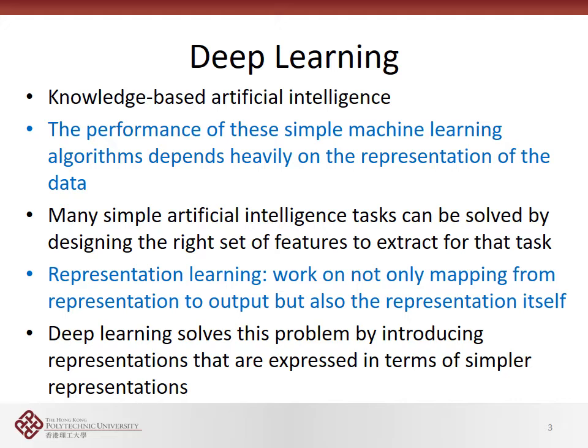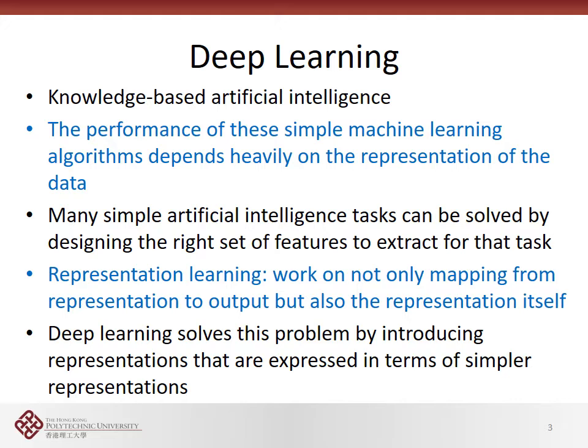Actually, in principle, deep learning is a kind of representation learning. Deep learning learns representations by introducing representations that are expressed in terms of simpler representations. You can see from the following slides that the deep learning model is actually a hierarchical neural network.